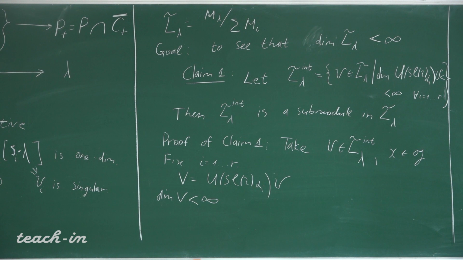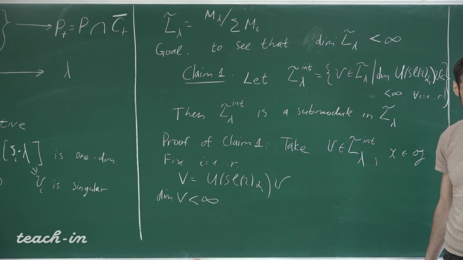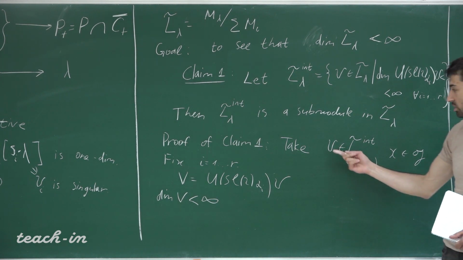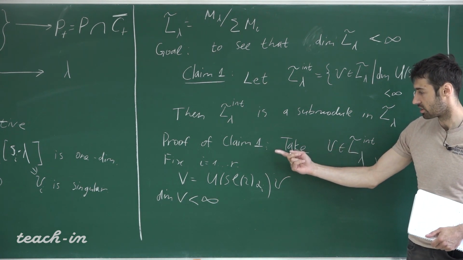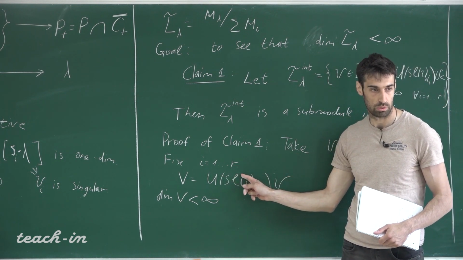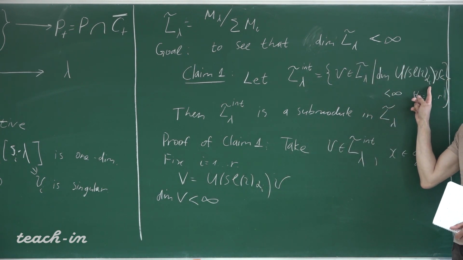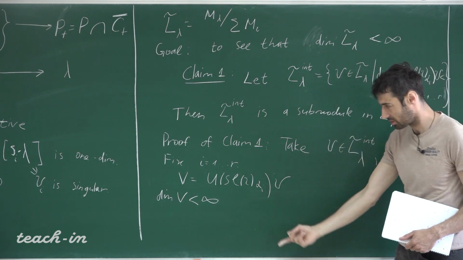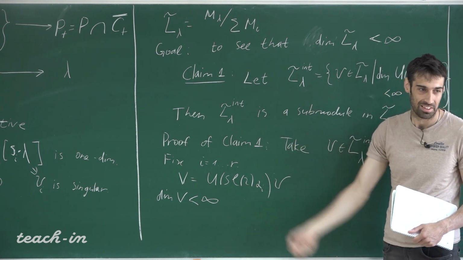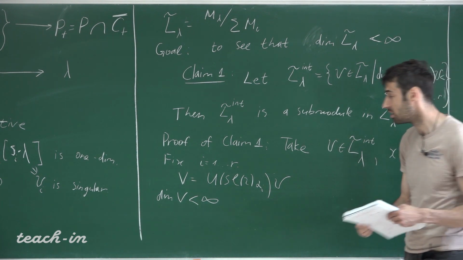The space V doesn't depend on the choice of I? It does. I'm fixing something, but this can be done for any I from 1 to R. So this condition is actually for any I. I'm just doing the proof for some fixed one, then you can repeat the same thing for any, and this will work.